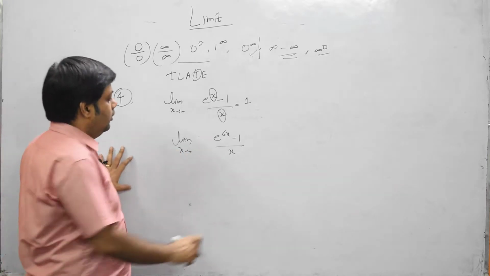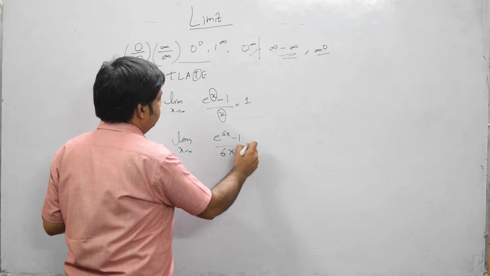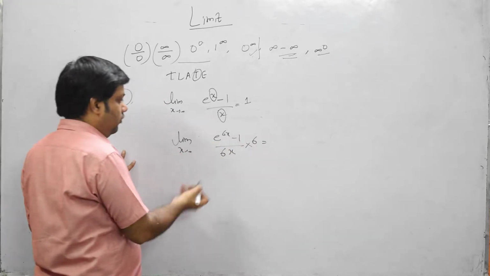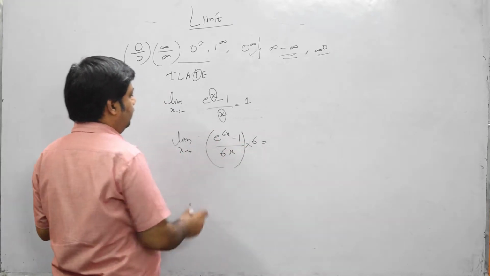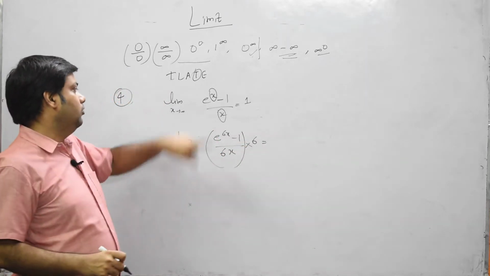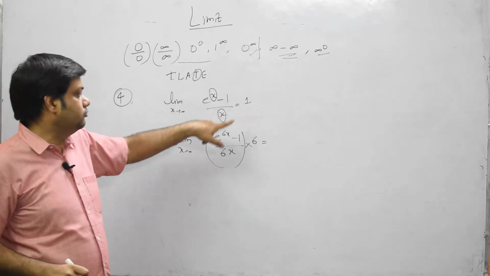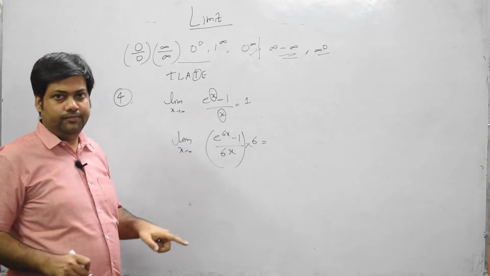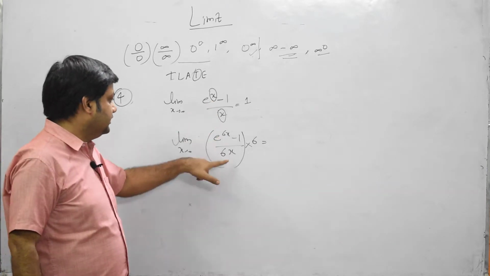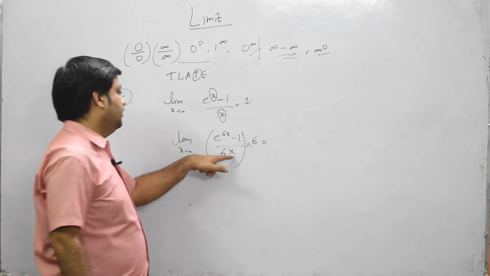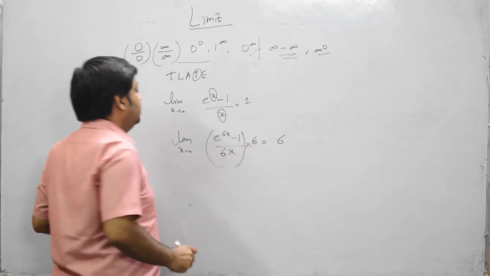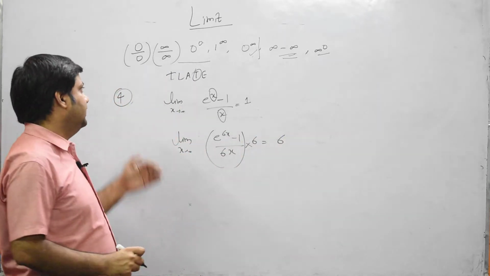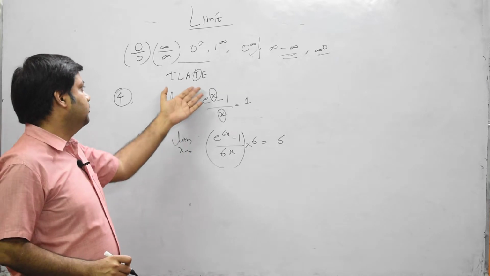How do we do so? We multiply it by 6, and put a 6 here to balance out the offset. This value will become 1. Why? Because we have a formula which says e to the power x minus 1 by x is 1. It means the same number should come here and here. It's 6x here and 6x is coming here. So this value is 1, and so the answer comes out to be 6. So that's formula number 4 for us. That's essentially giving us exponential values.